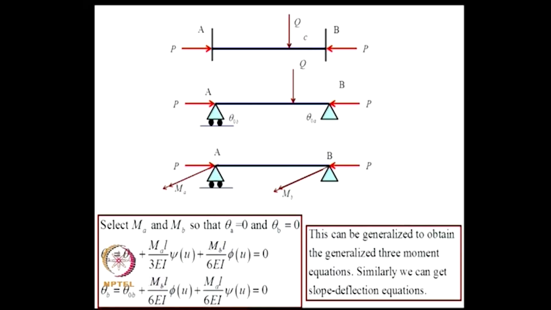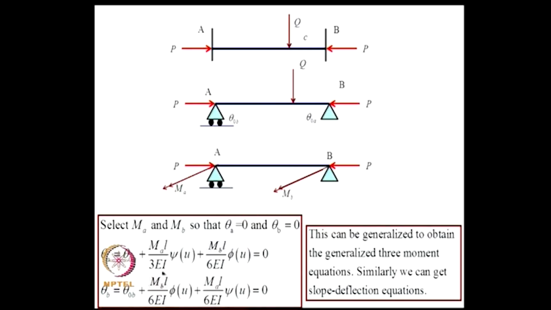Now this is a special case where the load is now a concentrated load. We can again release the end loads and solve these two problems, and again select MA and MB so that theta A is 0 and theta B is 0. Here there is no advantage of symmetry, so we have to find out MA and MB separately.